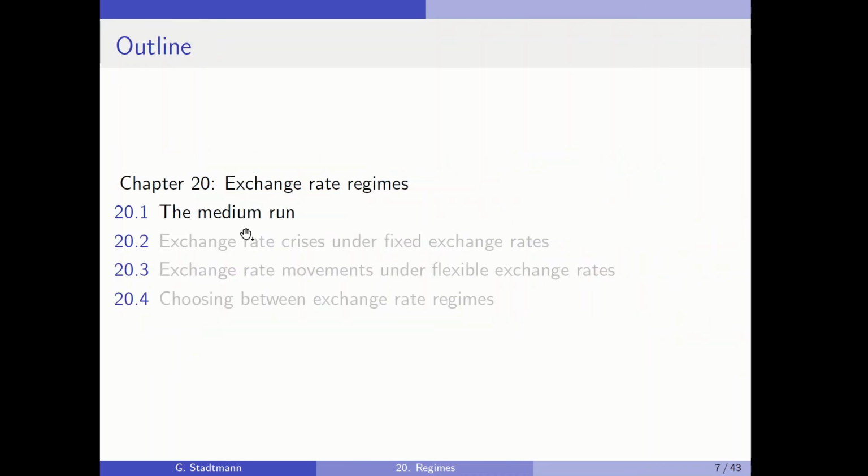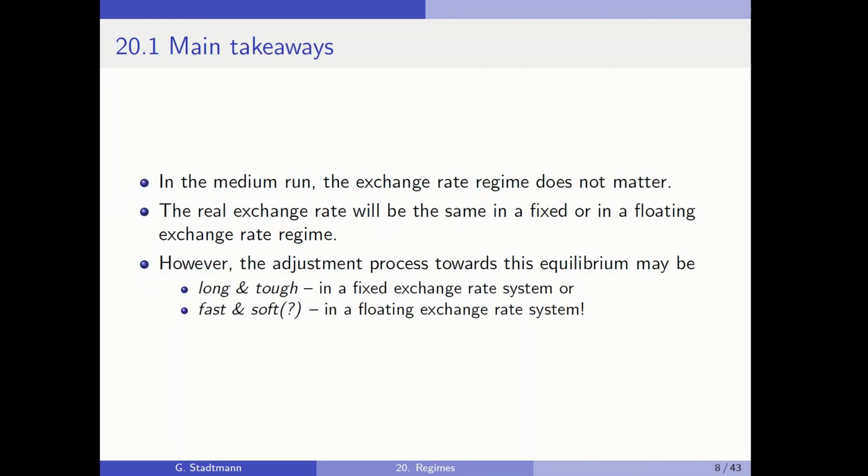After this short introduction, we can start with the first subchapter. So we talk about exchange rate regimes in the medium run. And the main takeaways of this first subchapter are as follows. In the textbook, we learn that in the medium run, the exchange rate regime does not matter.